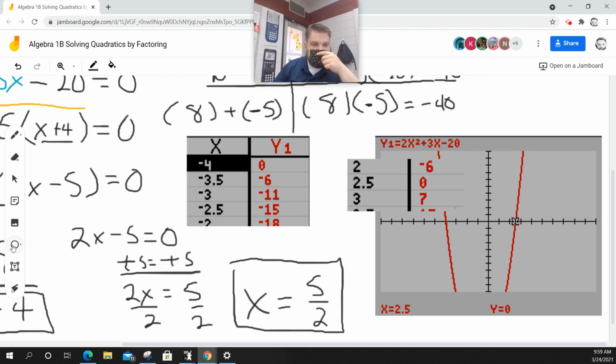Okay, does anybody have any questions on this stuff? So 2.5 equals 0. And when x equals negative 4, that also equals 0. Are there any questions on what we did?